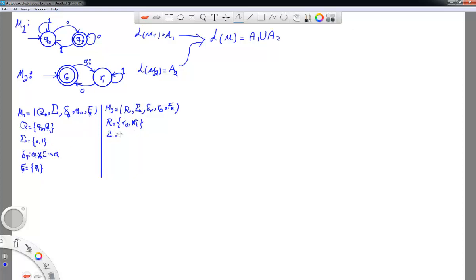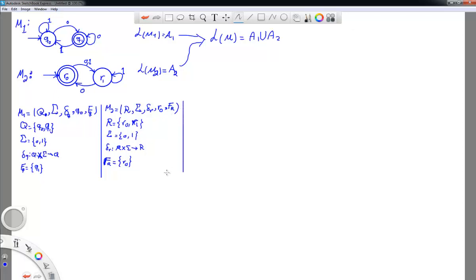Sigma is the same, so it's going to be 0 and 1. Delta sub R is a function from R, cross product with sigma, over to R. And finally, F sub R for my second automaton is R sub 0. This is my second automaton formal definition.